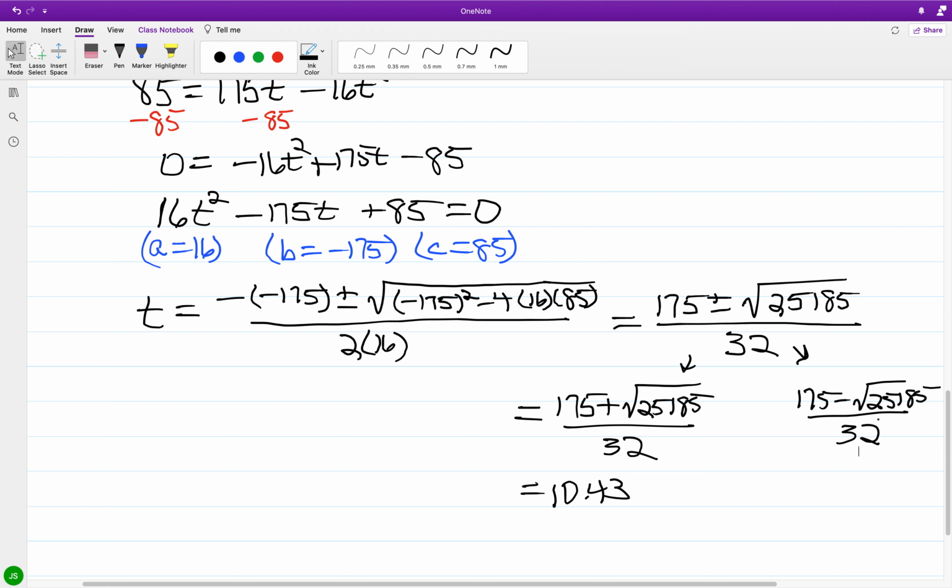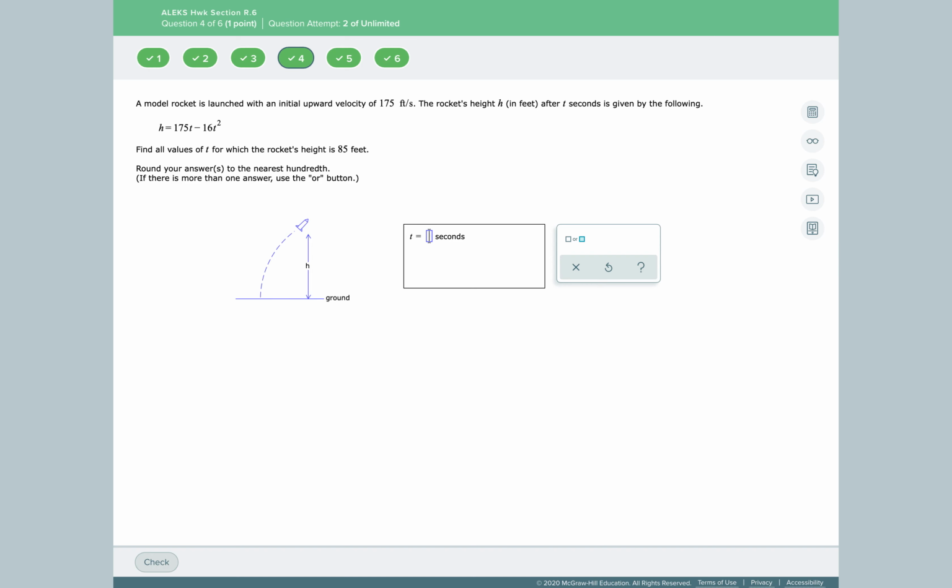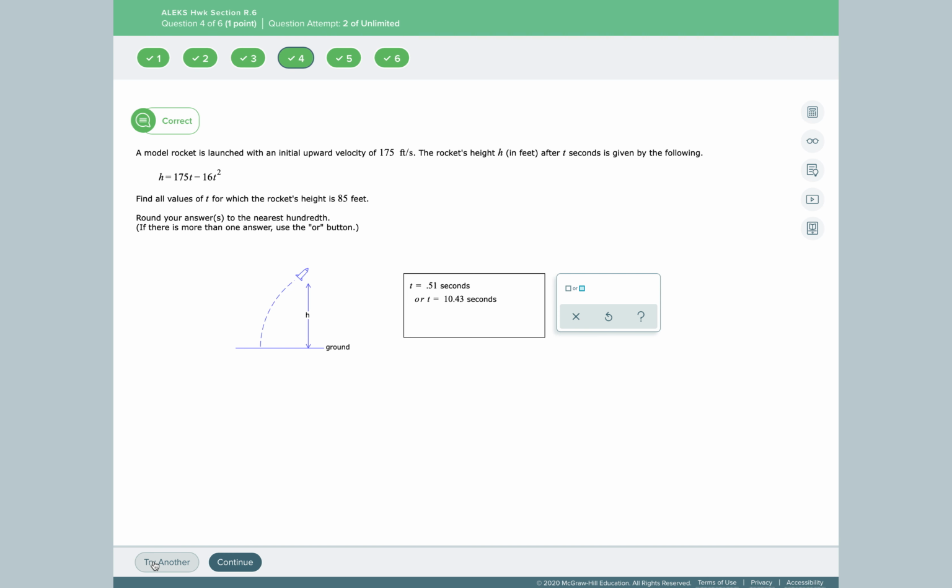Taking 175 minus the square root of 25,185 and dividing by 32, to the nearest two decimal places we get 0.51. So for what we have in this case, you have 0.51 or 10.43, and checking what we have here, the result is correct.